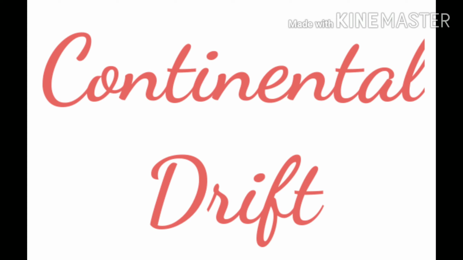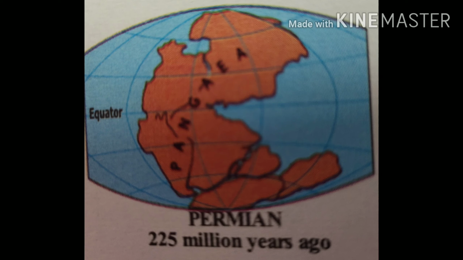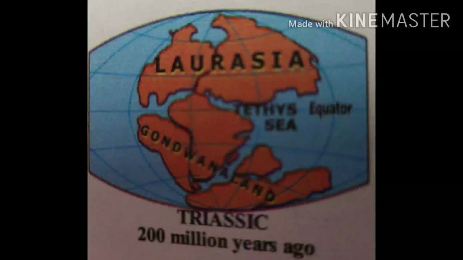Now children, Pangaea started to break apart more than 200 million years ago and the continents drifted from each other. Now you can see in the picture how Pangaea was 225 million years ago. Next is 200 million years ago.